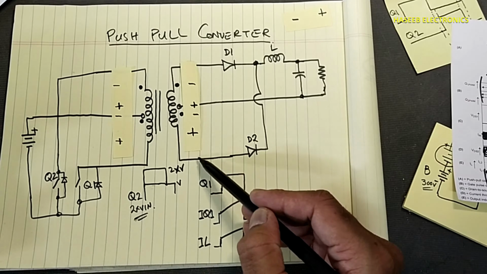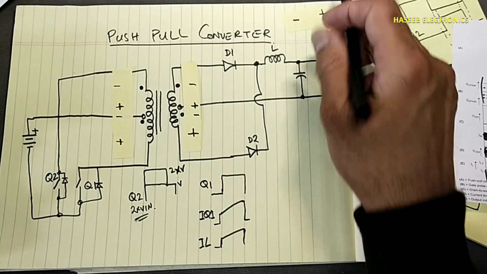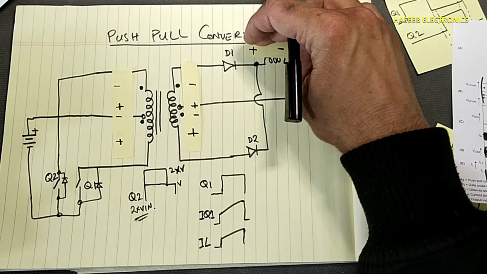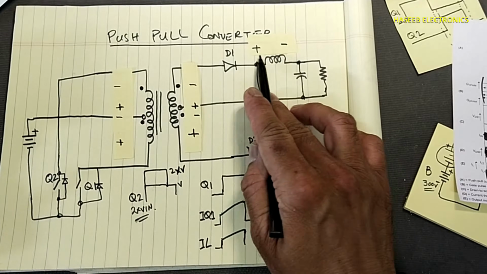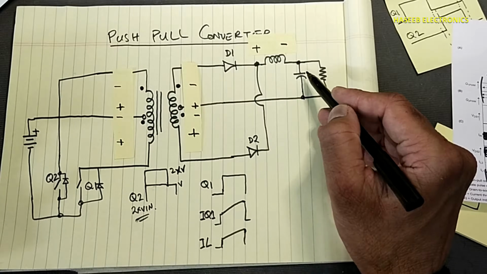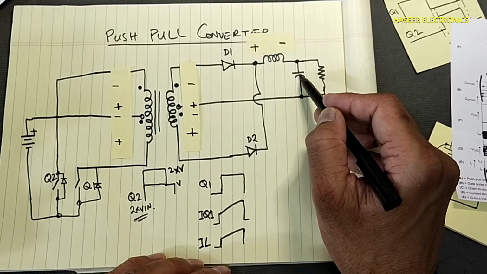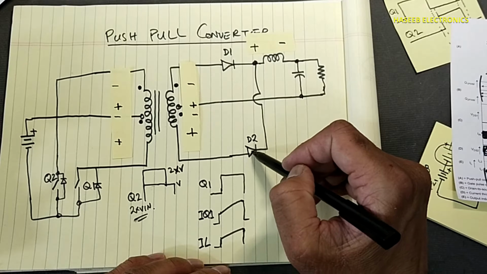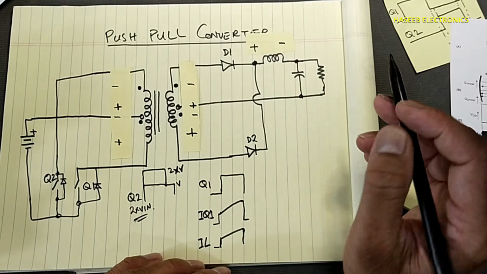And if we see D2, D2 is now forward biased. Positive voltage will reach here at the inductor. This end will become positive, this end will become negative, so voltage will pass to the capacitor and load. The current will flow in the inductor, capacitor, and load through D2 and this portion of the secondary winding.